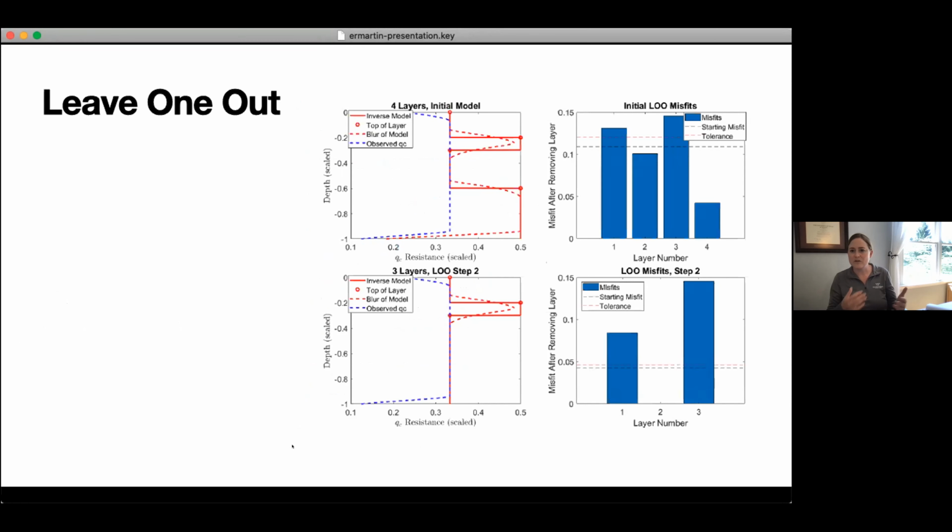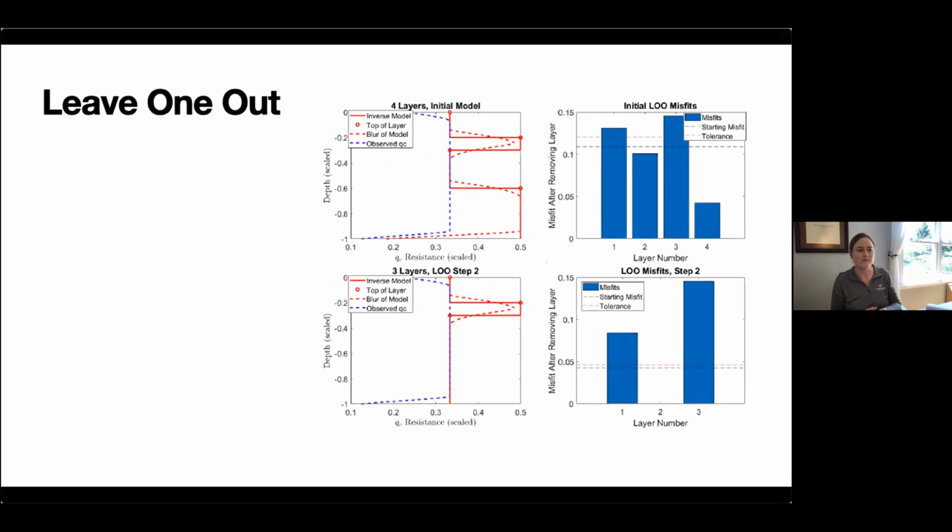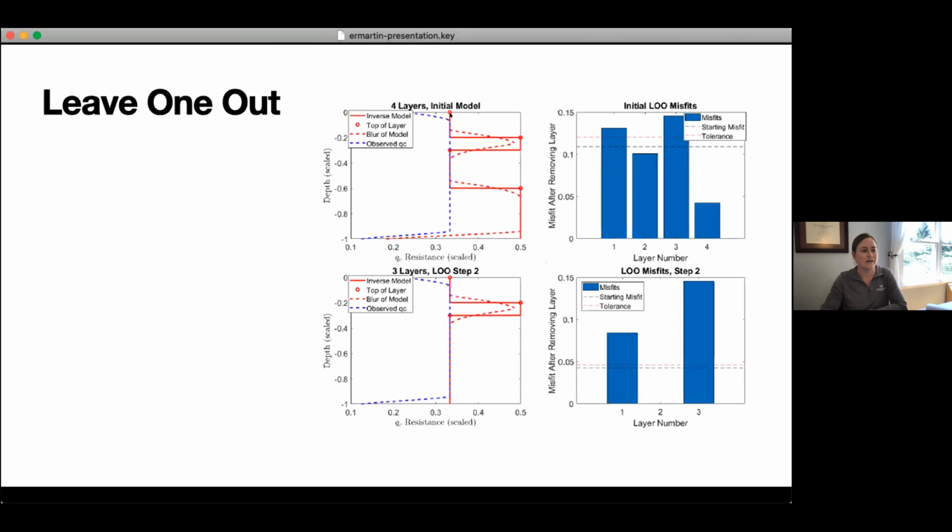Okay, so just to give you a feel for how we're actually checking if we have the right number of layers. With our leave one out algorithm, we basically have our current inverse model, which is here in red. That's our current guess. In the red dash, we have our blurred version of our model using a simple synthetic blurring function.